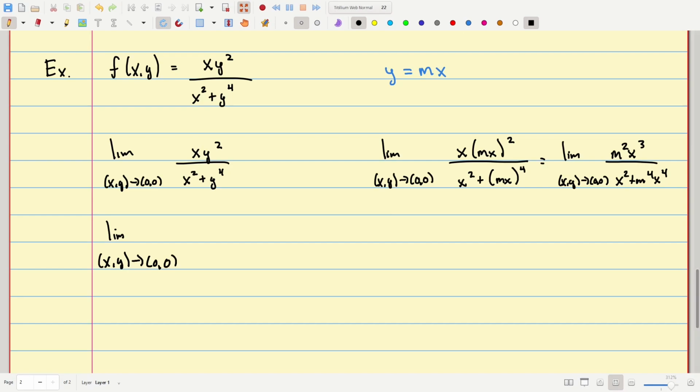Move down here, so we're out of space. Looking at this expression, I can factor x squared out of everything. So I'm going to factor out x squared and simplify. We're going to be left with mx in the numerator and 1 plus m to the fourth x squared in the denominator.